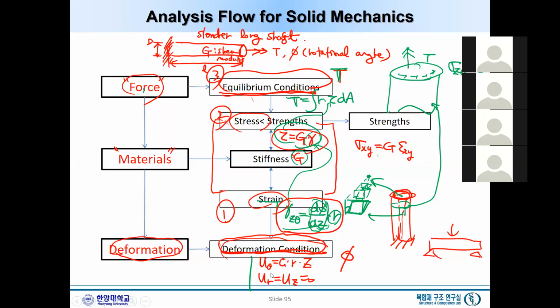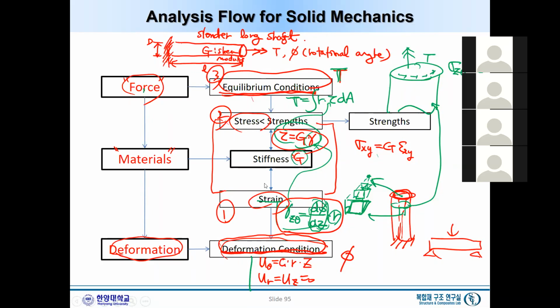So first we start with U theta, theta directional displacement, and R directional and Z directional deformation are all zero. Only non-zero component is the theta direction, and that is proportional to R and Z. So this is the most important assumption and a starting point in developing torsional theory.